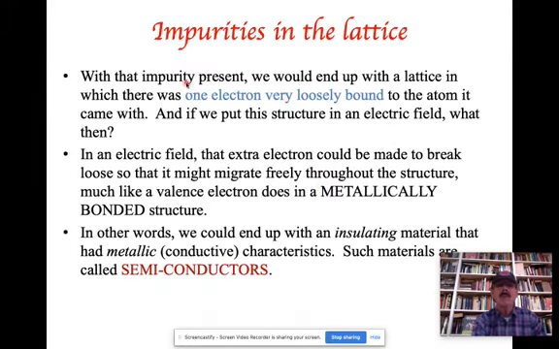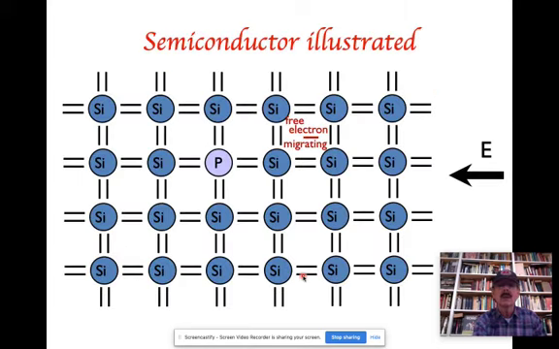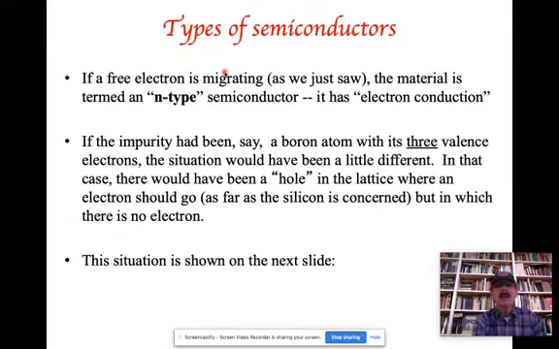So you put an impurity in, you apply an electric field, and you end up getting migration, hence semiconductors. So here you have it, your free electron, it's migrating. Okay, so because you have an electron, which is electrically negative, that's migrating, this is called an N-type semiconductor. And it's said to have what's called electron conduction.